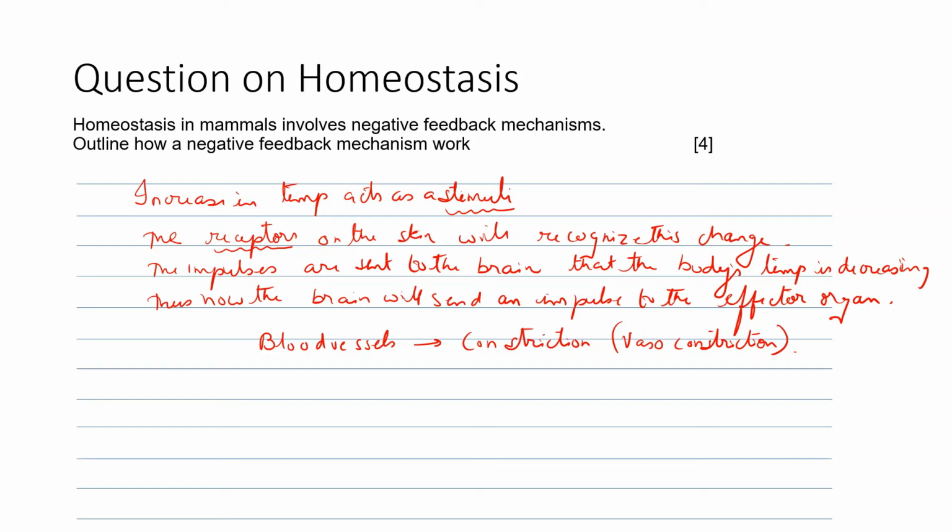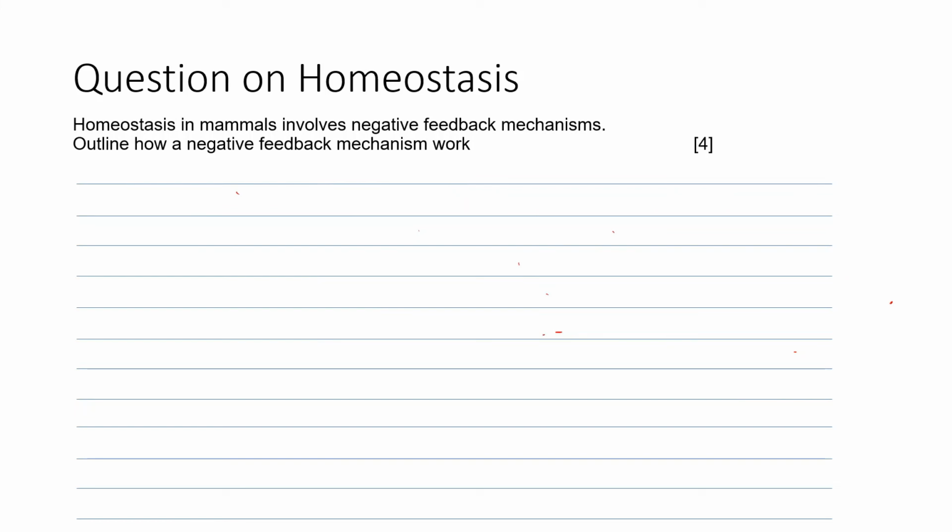Okay, now let's put it across in the form of an answer. Now here in the question, they have only asked you as to how a negative feedback mechanism would work. Here you need not give any example, but we will give an answer which is general. Okay, so the first point here, you will say that the change is being detected by the receptors. This is your answer. The change is detected by the receptor.